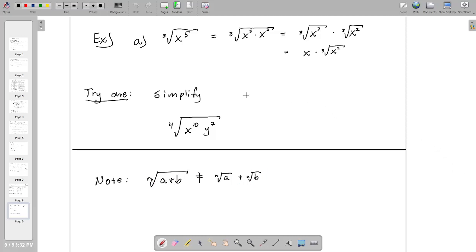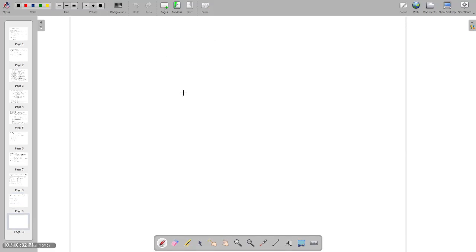So the next thing that we're going to talk about are rational exponents. Rational exponents combine the ideas of exponents and radicals together. Start with the definition.